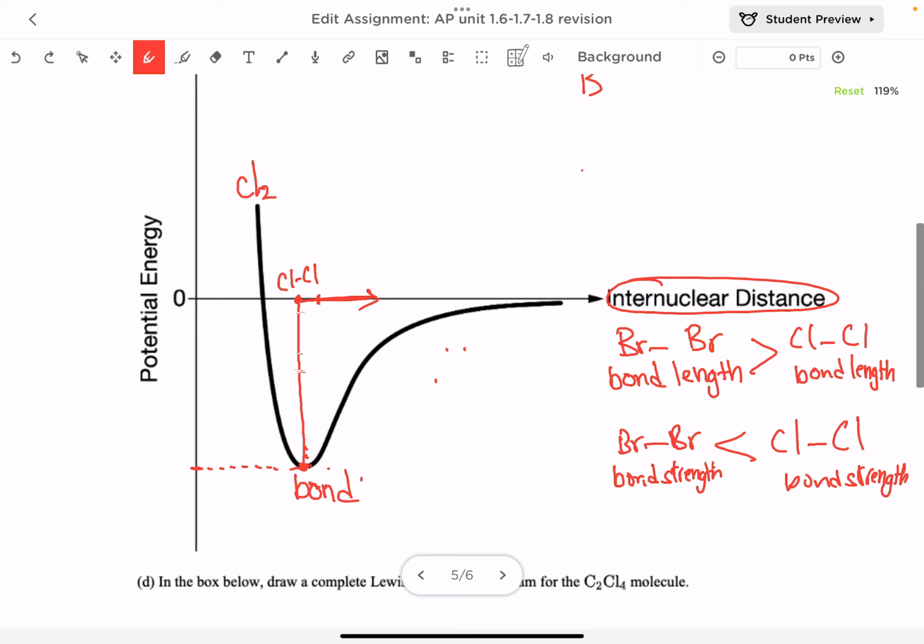So as the length increases, the strength becomes less. So instead of drawing Br with a peak at this point, it could be the peak here.